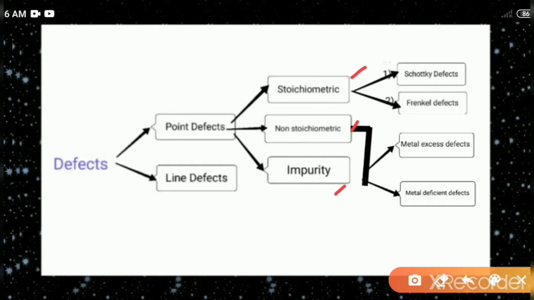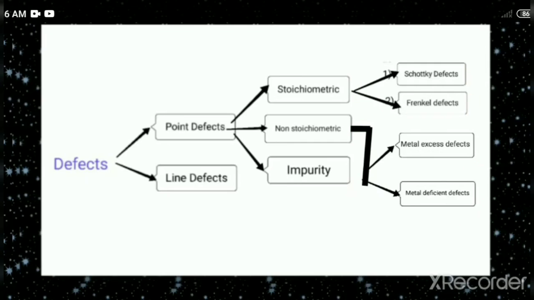Stoichiometric defect is further classified as Schottky and Frenkel. Non-stoichiometric is classified into metal excess defect and metal deficient defect. Again the metal excess is classified into 2 types and metal deficient is also classified into 2 types. So this is all we have discussed about the defects in solids.